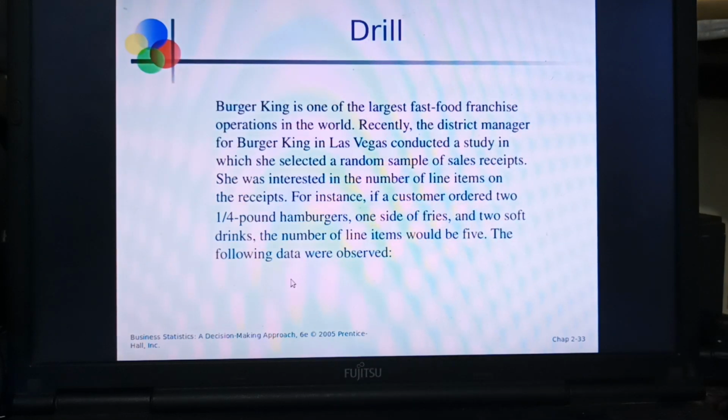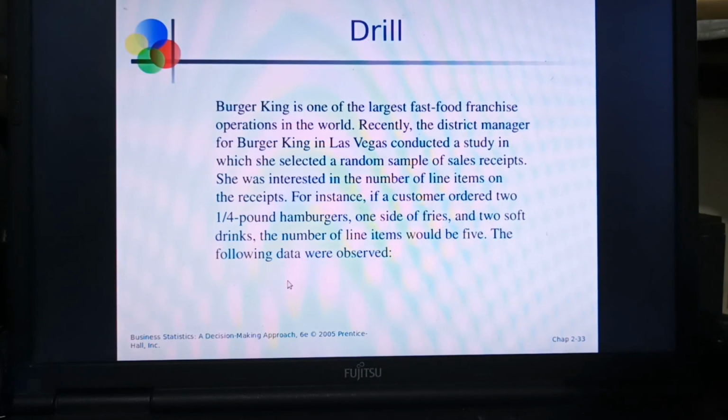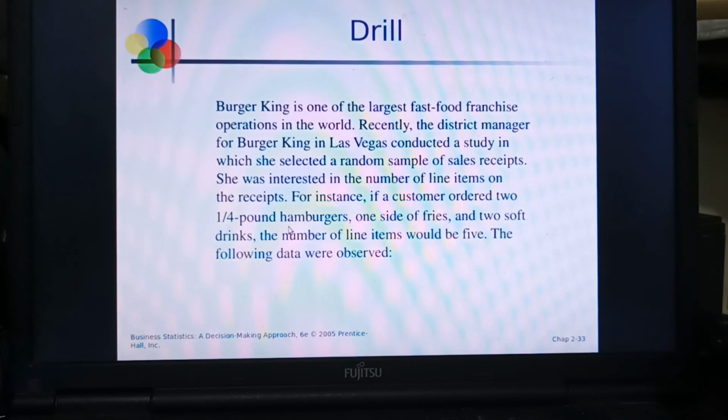Now, here's a drill class that you may need to perform in one of your laboratory exercises. This one is about Burger King.